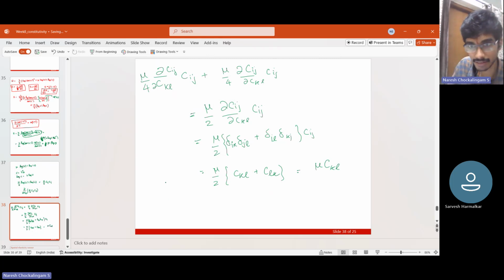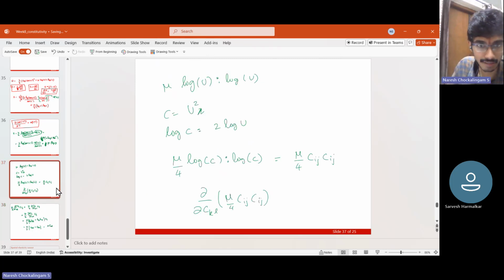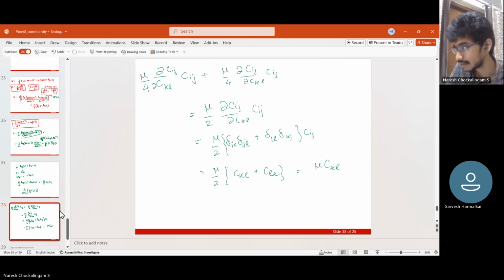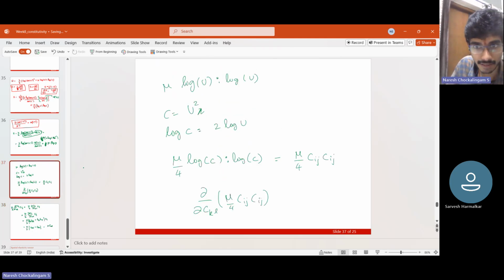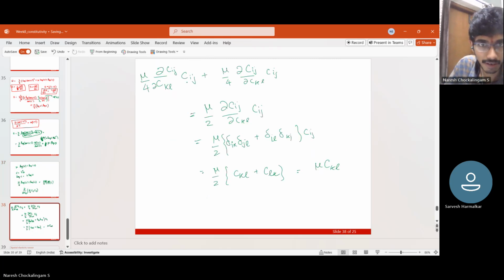So therefore, the derivative of the second term with respect to C is nothing but... sorry, there's a log here. So everywhere you get a divided by CKL. Sorry about it.